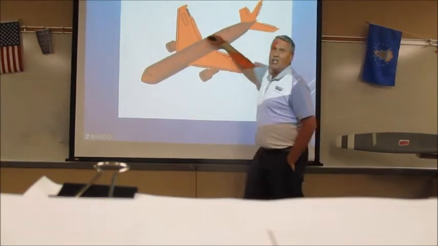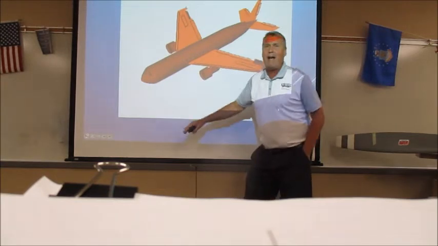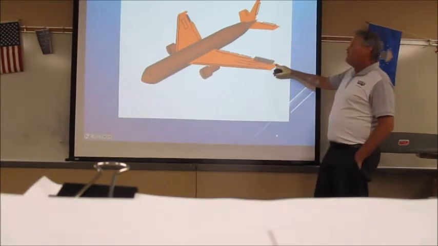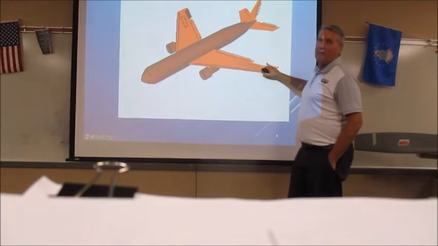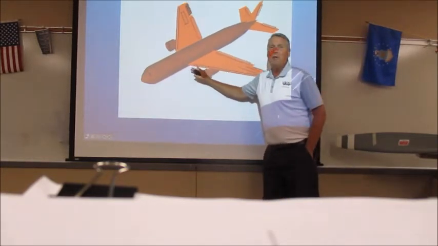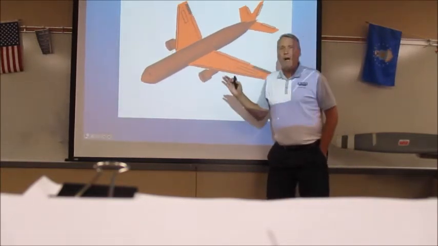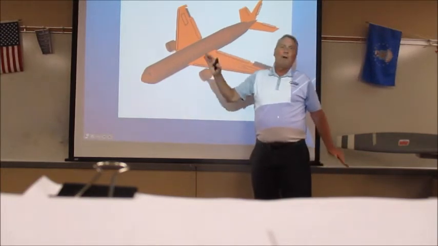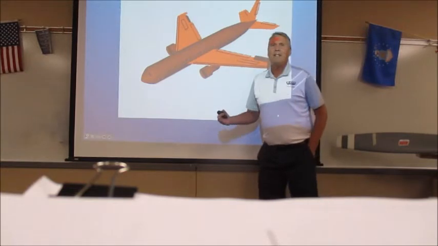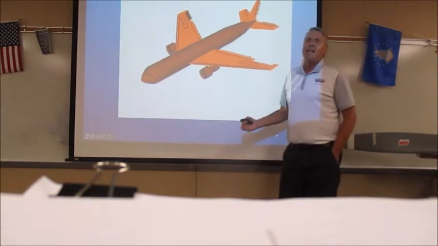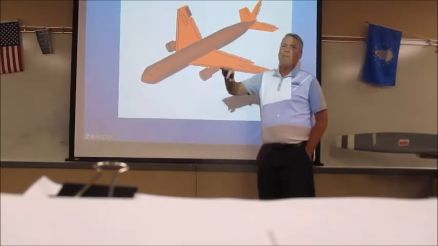Of course, if you've ever been on an airplane, the ailerons don't move this much. They barely move at all. I like watching them when we start banking when I'm flying, and you can barely see them move. It doesn't take much movement of the ailerons to make an airplane bank.